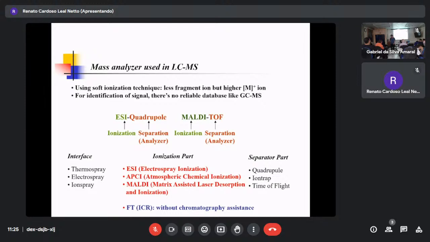That usually needs an atmospheric solution. When you do ESI, there is no source for the electron volt. Why? Because when the sample is passing through a very narrow nozzle, it becomes a fog or mist and is automatically ionized. Because my solvent is water or methanol, in a very transiently short time, I'm ionized.